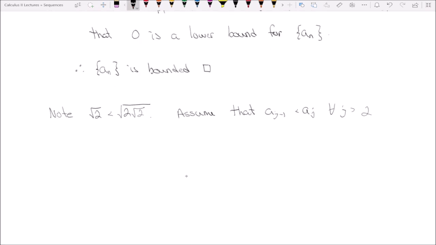Take a look at a sub j plus 1. Well, that is the square root of 2 times a sub j. But we know that is going to be larger than the square root of a sub j times a sub j, right? Which is itself a sub j, which implies that a sub j is less than a sub j plus 1.